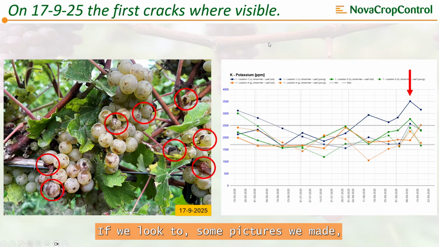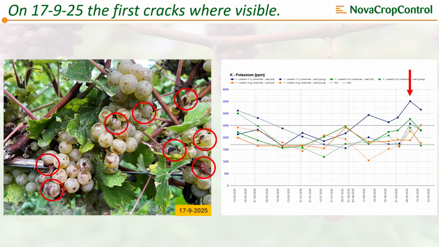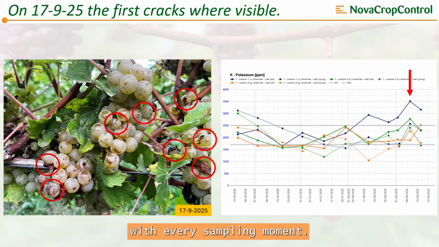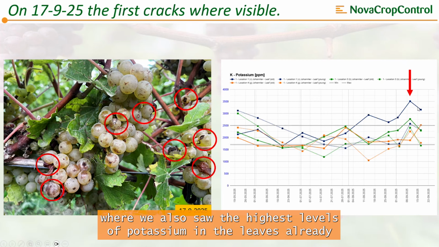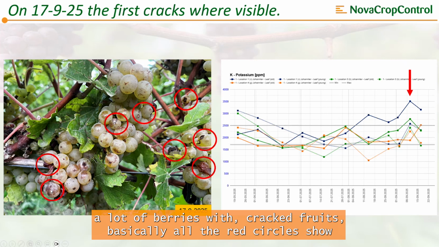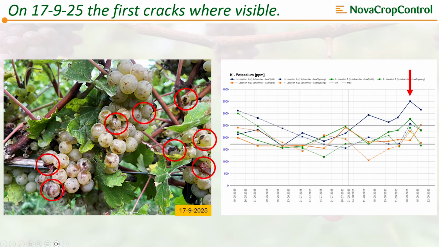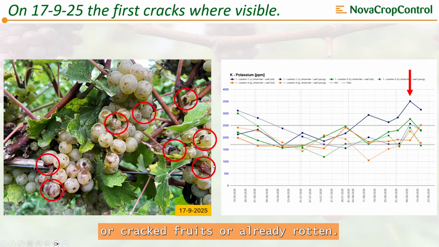If we then look at some pictures we made with every sampling moment, then we see that on the 17th of September, where we also saw the highest levels of potassium in the leaves, there were already a lot of berries with cracked fruits. Basically all the red circles show berries with cracked fruit or already rotten.